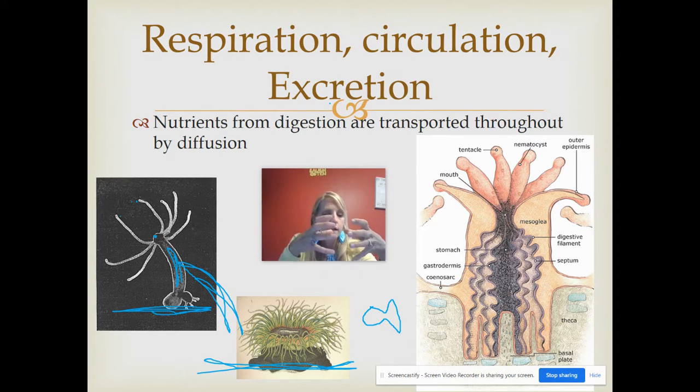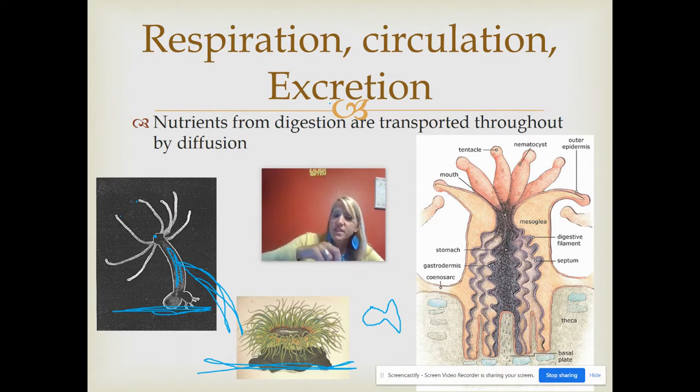So if you take a glass of water and you drop food coloring in it, what happens to the food coloring? Does it just stay at the top forever? The high concentration in that drop at the top is going to diffuse out. It's going to spread out in the water until pretty soon, if you come back later, the whole thing will be red if the drop is red.